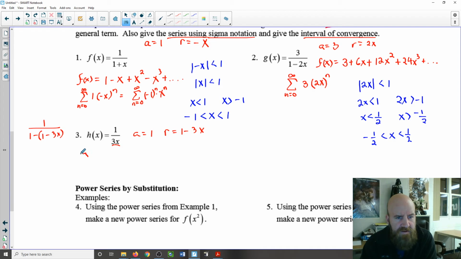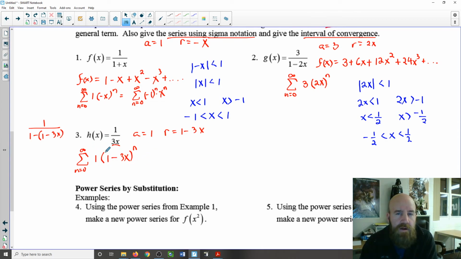Power series notation, sigma notation, we have the sum from 0 to infinity of a times r to the n. Now, do we need that 1 out front? No. I'm just showing you that it's in the same format.